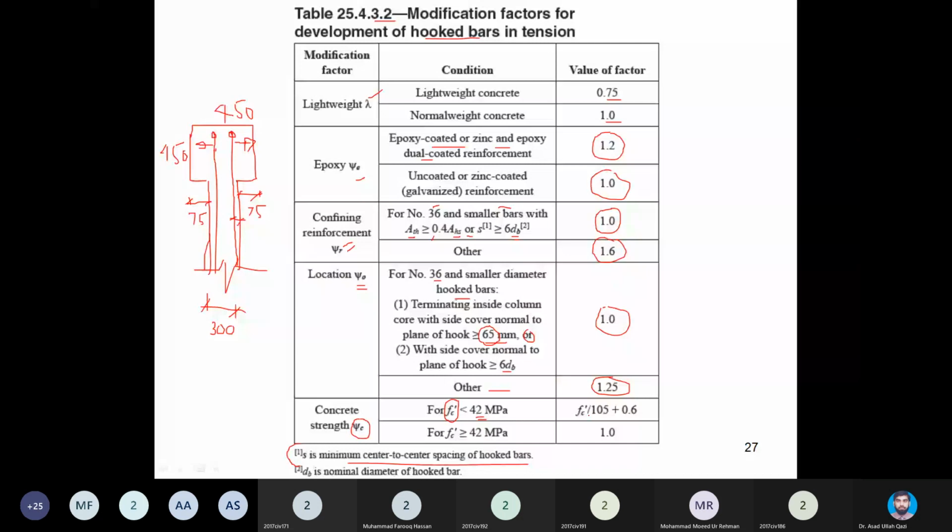So suppose in our project, what we are discussing, 28 over 105 plus 0.6. So what will be this factor then? Can you calculate?